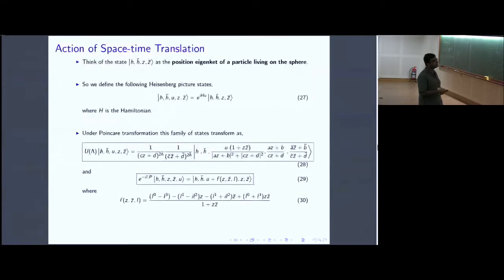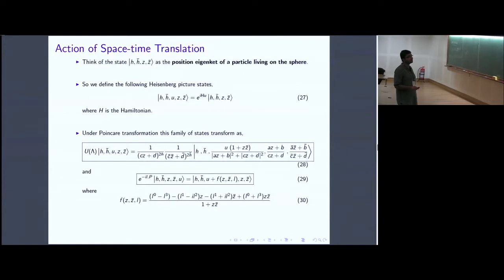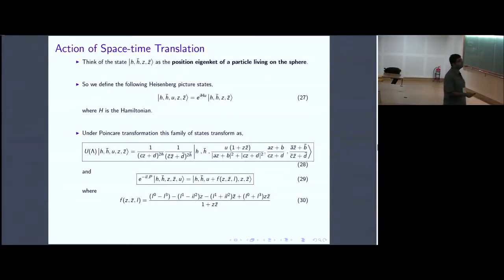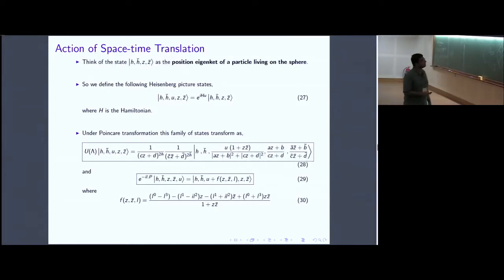The extra thing is only u, and the point is that u transforms in this way. And then you can also easily show that if I now make a space-time translation on this state, what I get is just HH bar u plus f ZZ bar L, and f ZZ bar L has this particular form, where L mu is the 4-vector of the space-time translation.